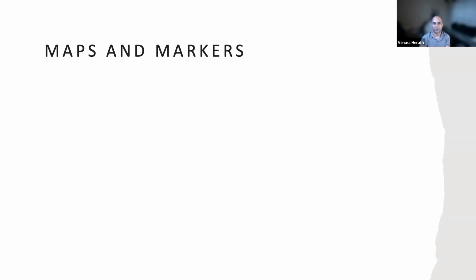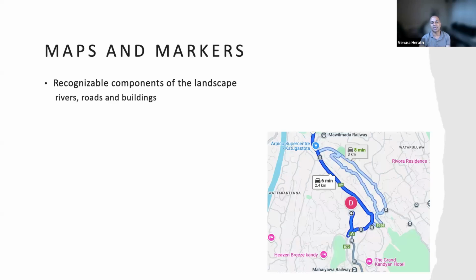Maps and markers, because you can't have a map without markers. If you think about a regular map, you have rivers, roads, and buildings. Let's say I feel like eating a pizza, and the closest pizza shop near my home is the Domino's one, just 6 minutes away. So how am I going to go there?